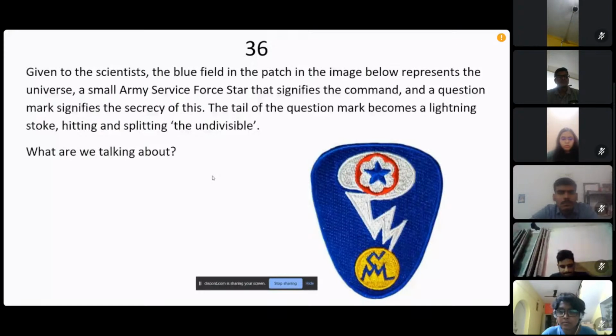Something very famous in terms of the dark history of humanity. We need a specific answer. The hint is also in hitting and splitting the indivisible.